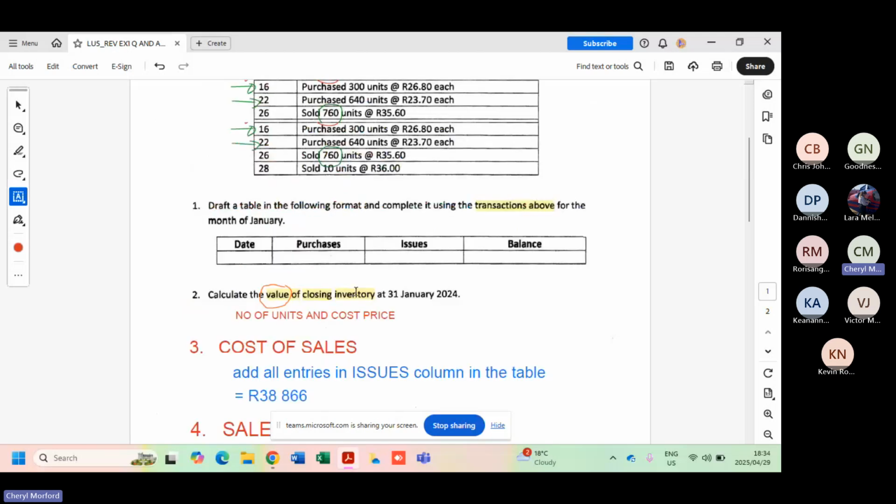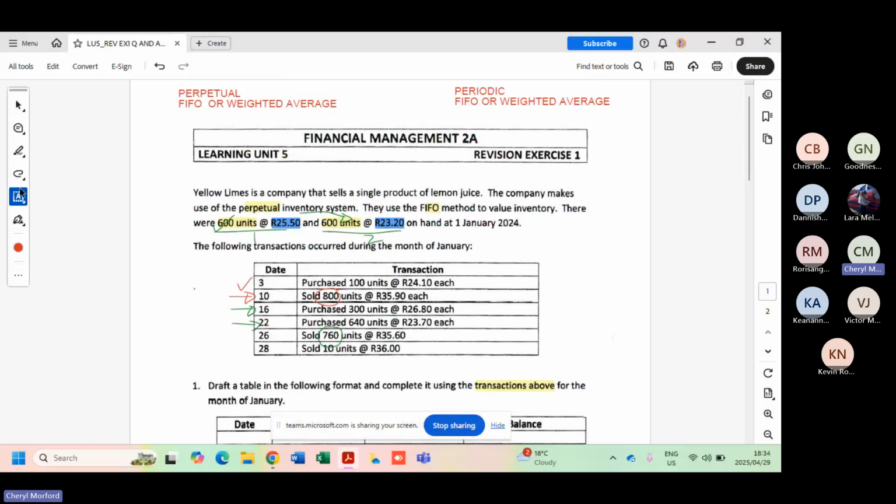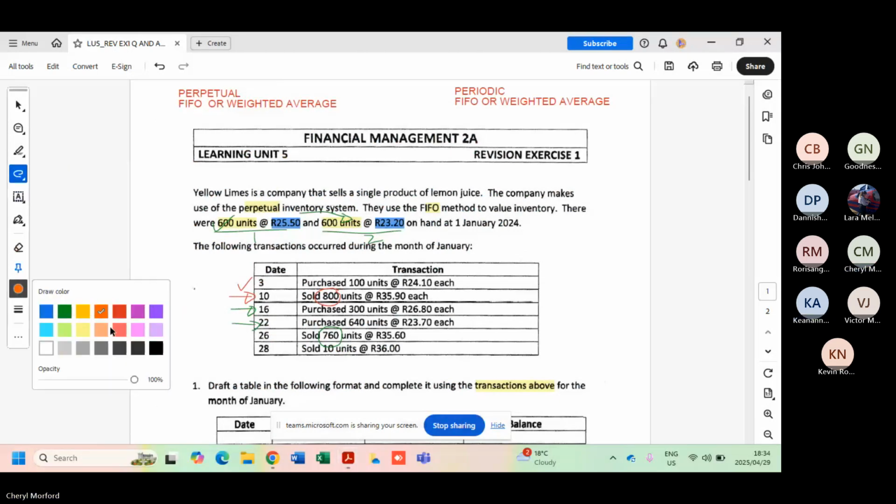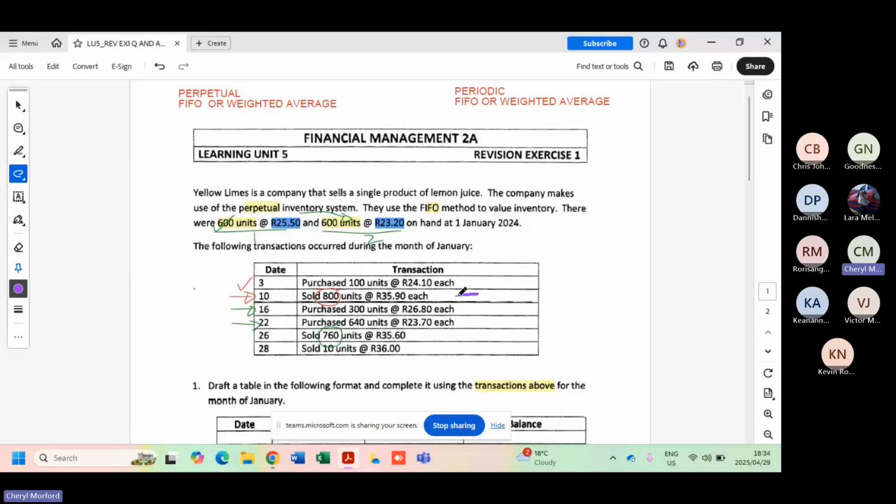So over here, let's just get a different color. What could we see? Let's try this one. On these dates here, the 10th and the 26th and the 28th. Those are the days on which the sales took place. So you're simply going to take that straight out the table.